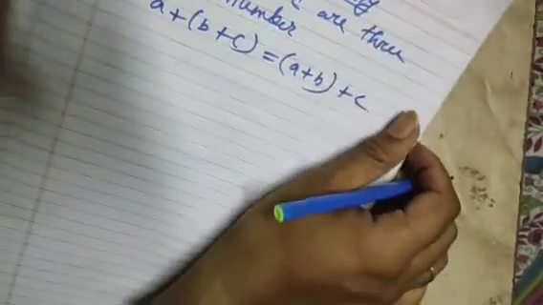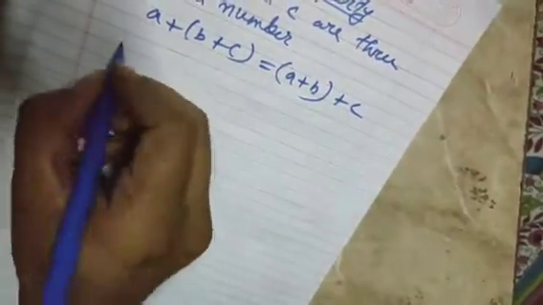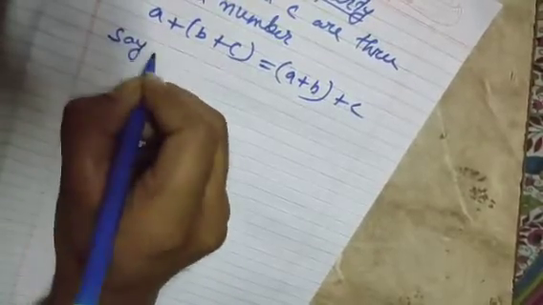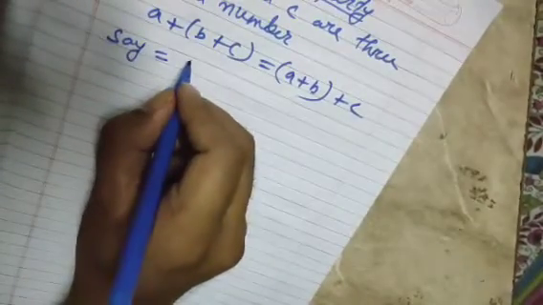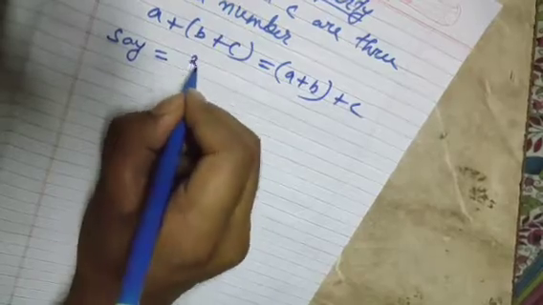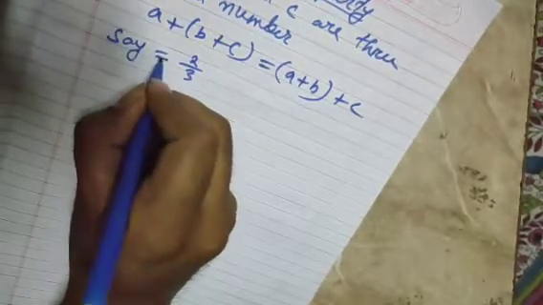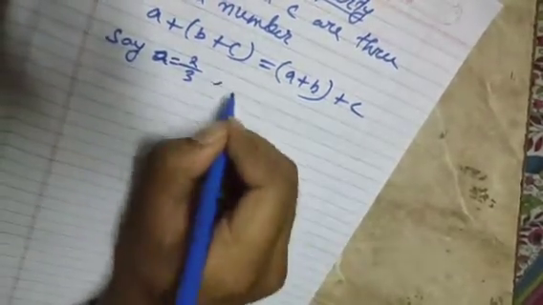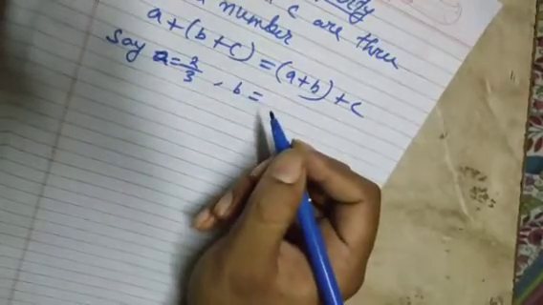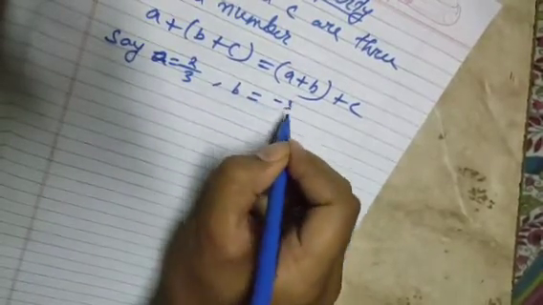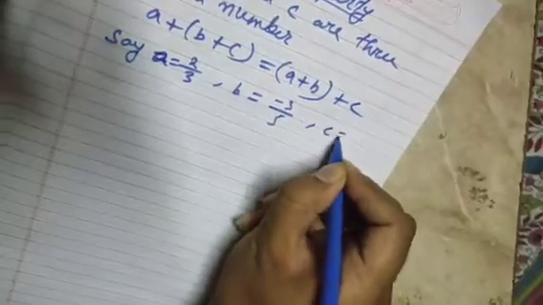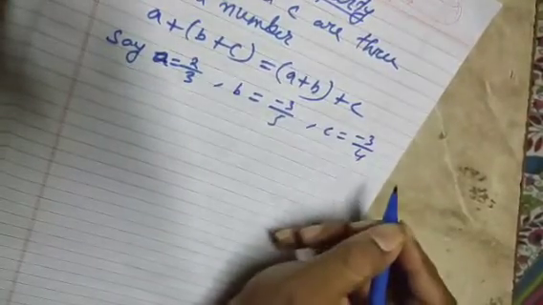So for that we can take, suppose, a equal to 2 by 3, and b equal to minus 3 by 5, and c equal to minus 3 by 4.